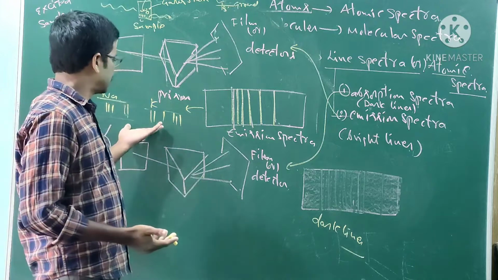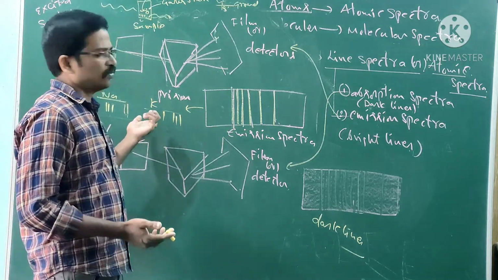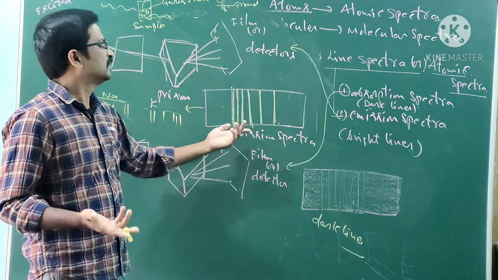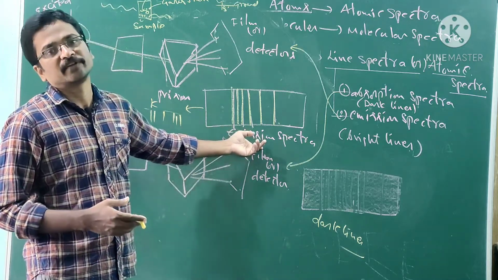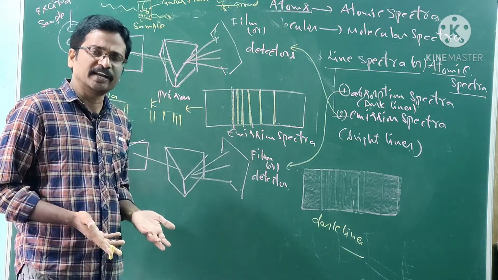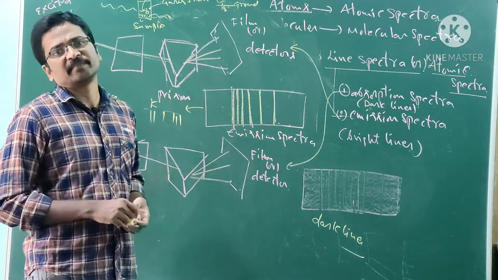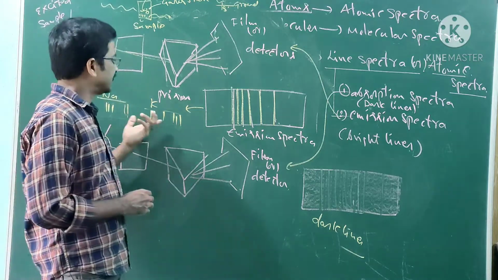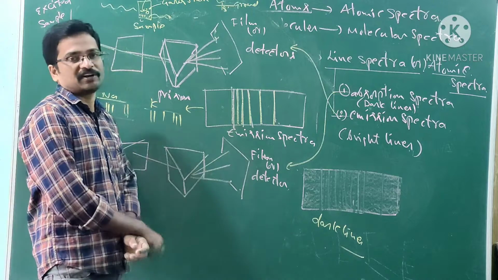This is the reason why, even today, emission spectra are utilized in various laboratories in India. You can find out whether sodium or potassium is available in the earth's crust, or radium, or whatever it may be. It is analyzed by taking this type of emission spectra.